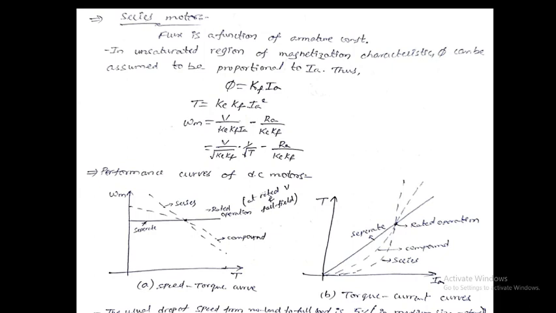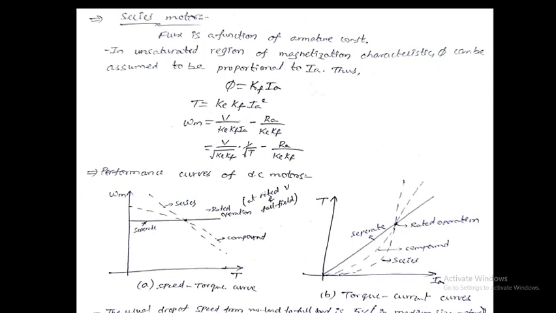And for the series motor, the flux is a function of the armature current. It is not constant. In the unsaturated region of the magnetization characteristics, flux can be assumed to be proportional to the armature current in a series motor. Thus flux is directly proportional to armature current Ia, and the proportionality can be removed by introducing a constant, that is pi is equal to Kf into Ia.